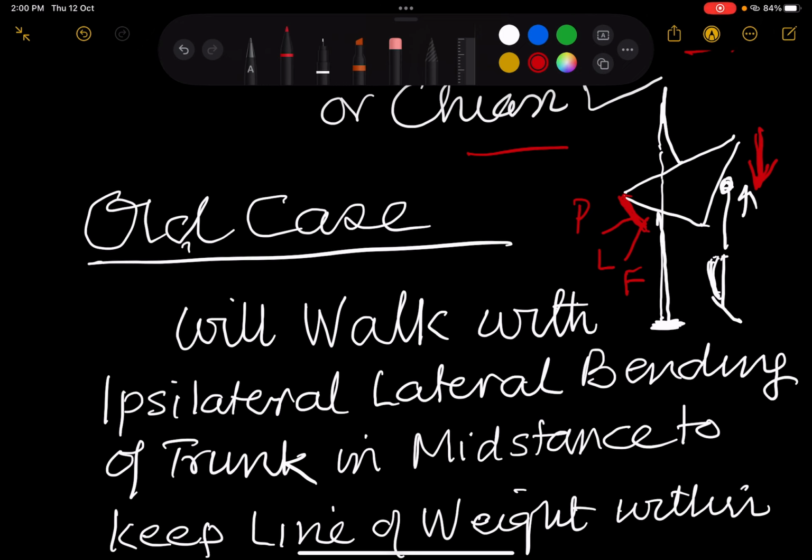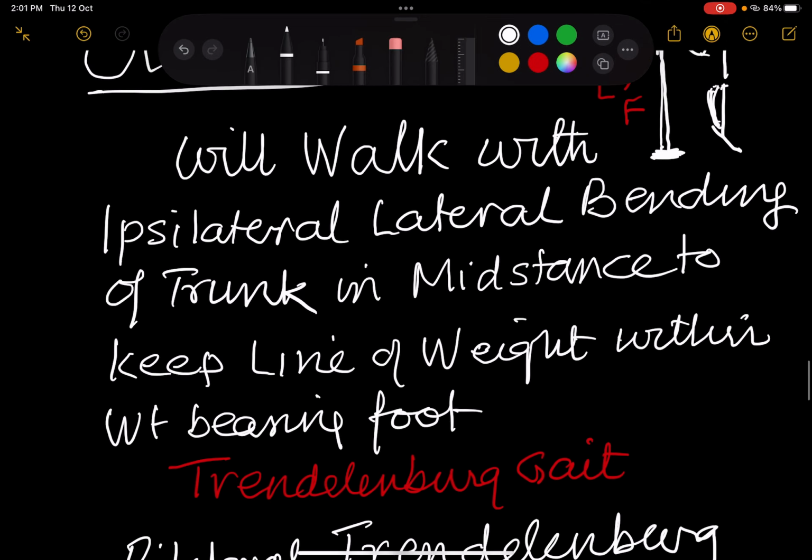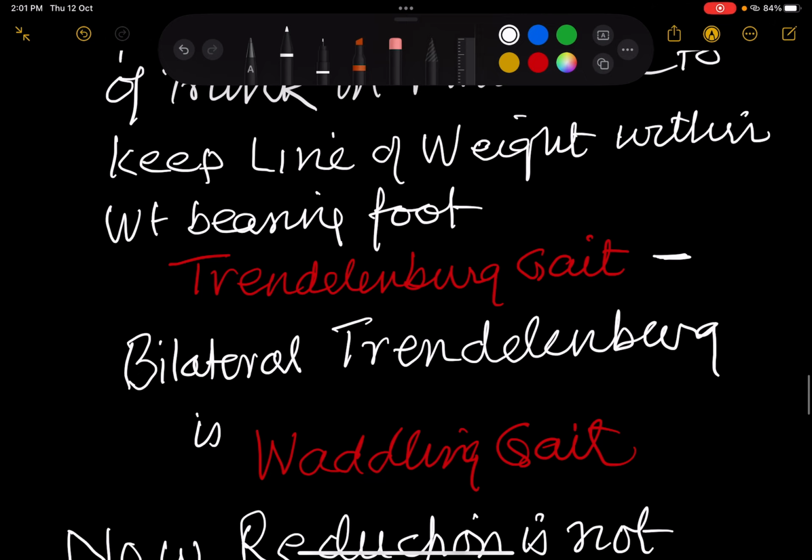To maintain it, the spine must tilt in the same direction so that the line of gravity keeps on passing within the area of the foot. So ipsilateral lateral bending of the trunk in the mid stance phase to keep the line of weight bearing within the foot area is called Trendelenburg gait. Bilateral Trendelenburg gait is called waddling gait.